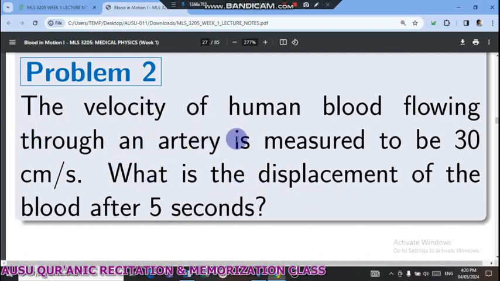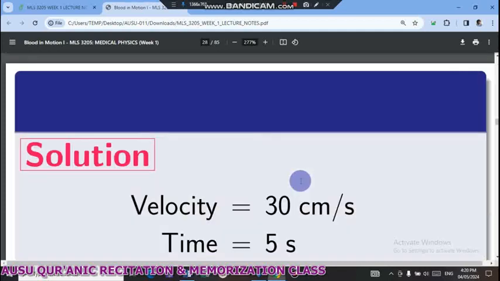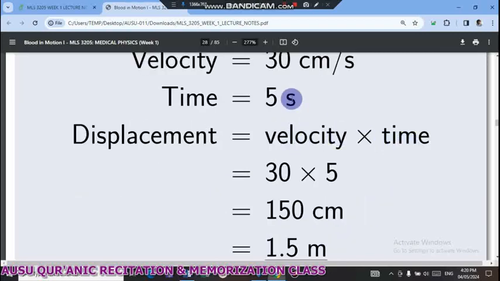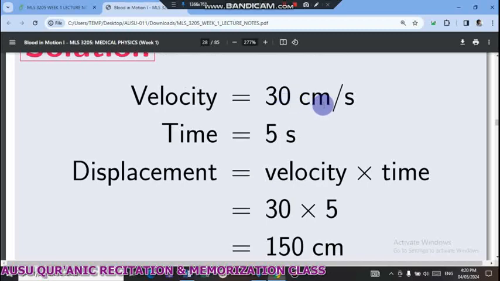So we bring down the velocity that we are given, the time, and then we move on to calculate the displacement. Here it is. We have velocity equals 30 centimeters per second, and then the time taken is 5 seconds. So our displacement will be velocity times time. Your velocity is 30 centimeters per second, and your time is 5 seconds.